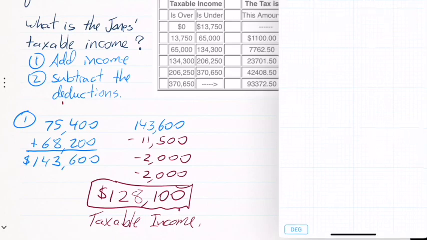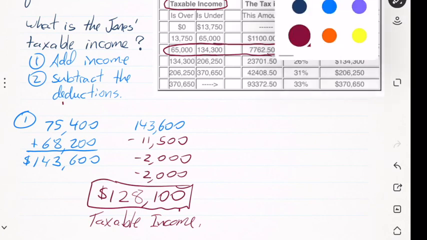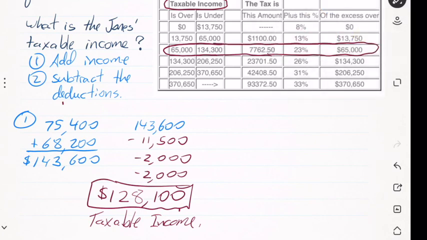Okay, this out of the way for a second. So then we can go to the table because the table is based off of taxable income. And 128,000 is going to land us on this tax bracket. And the way you read this tax bracket is it's not too hard. It's actually kind of easy.